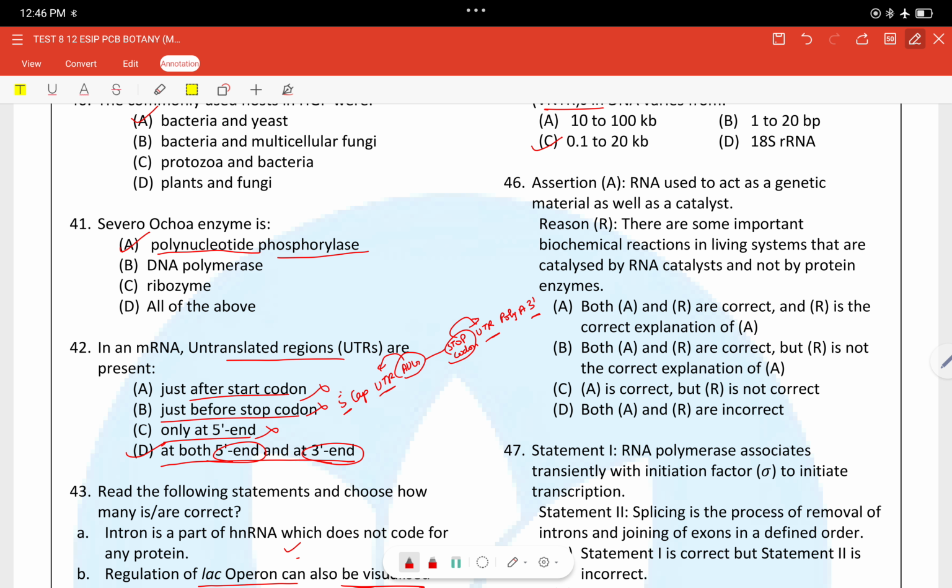RNA used as genetic material as well as catalyst, that is correct. Primarily it acts as messenger RNA, but RNA can be used as genetic material in some viruses, and it can also act as a catalyst. There are some important biochemical reactions in living systems that are catalyzed by RNA catalyst and not by any protein enzyme.